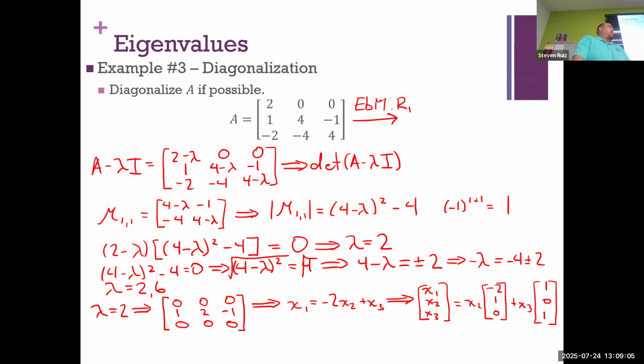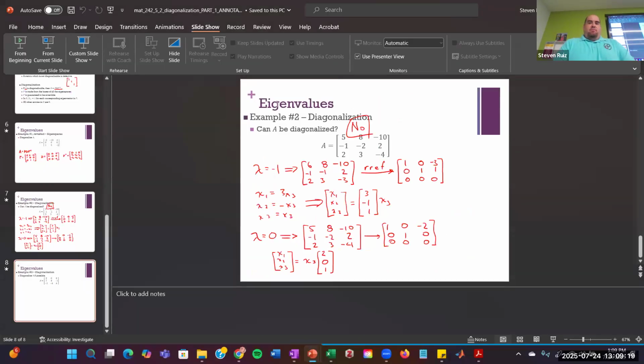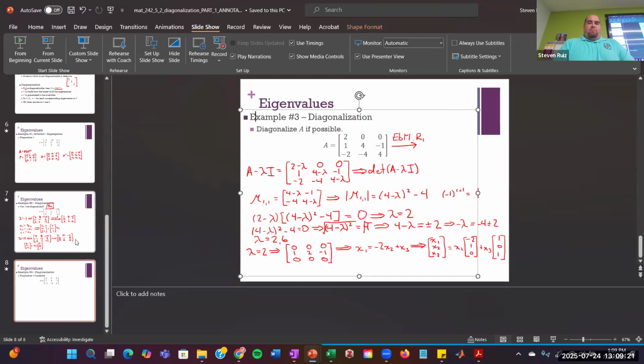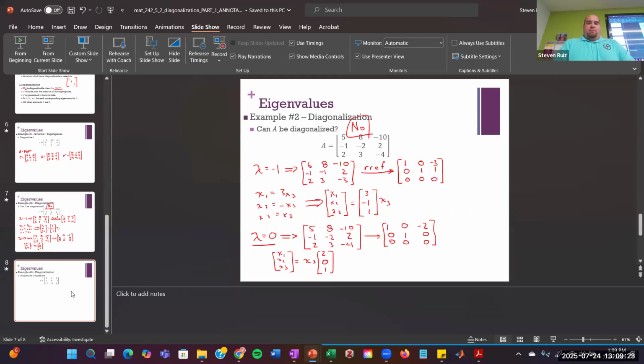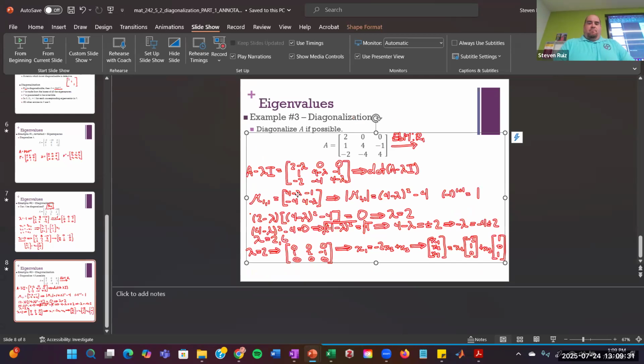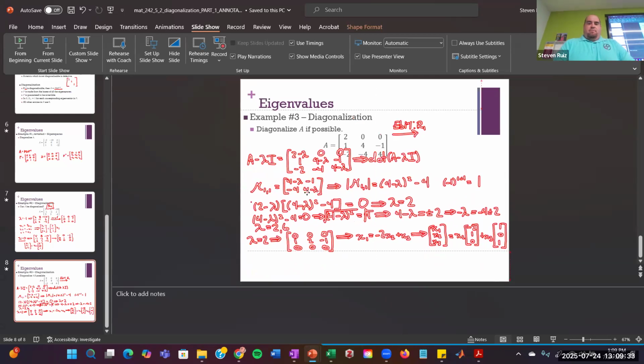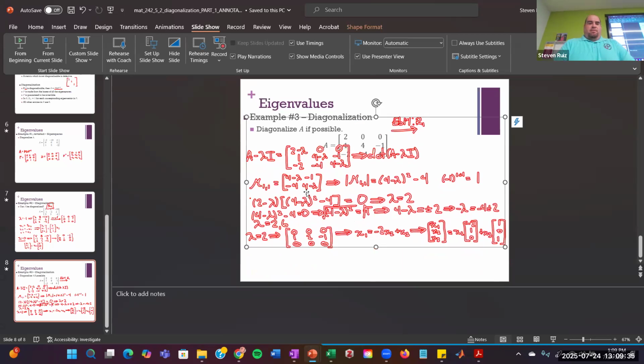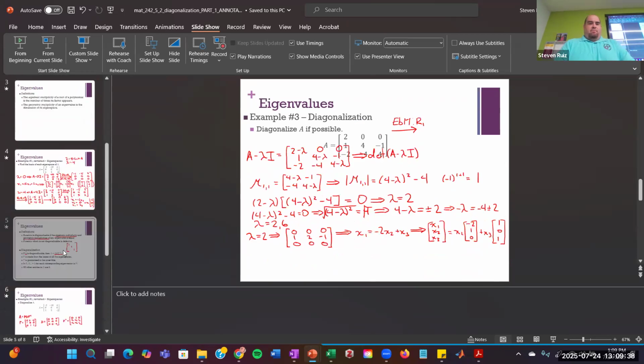Okay, so maybe this is still diagonalizable. So now what should we do? See if I can buy myself some room.